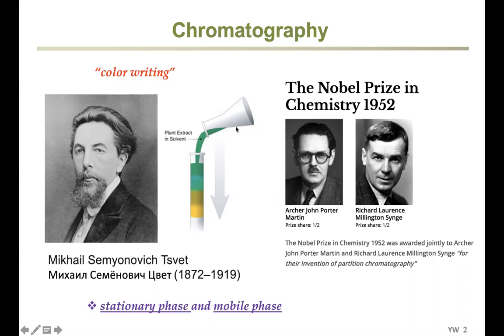Versus the solvent containing those plant extracts is called the mobile phase because it's moving, it's mobile. Okay? And depending on what type of stationary phase and mobile phase you're using in the equipment or the design, there are different types of chromatography technique.